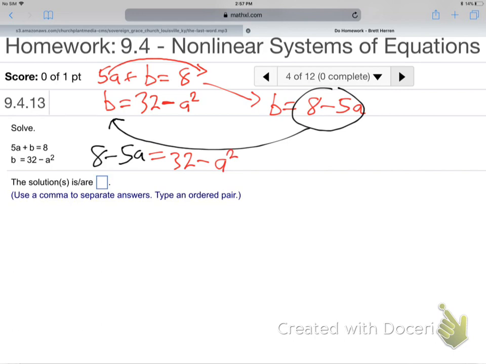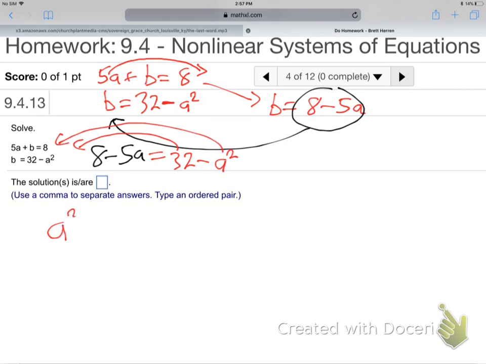Does that make sense there? What I did? Just plug the top equation into the bottom. And now, well, let me do one more step. You've got a squared, so you've got to get a 0. And you don't want negative a squared. That's hard to have the front term negative. So I'm going to jump everybody to the left.